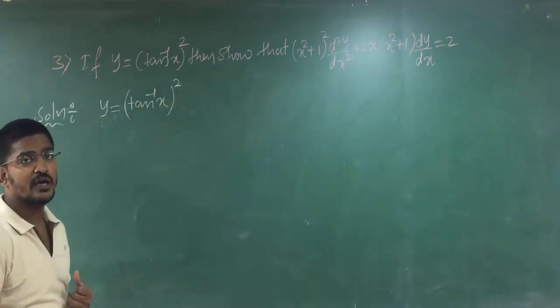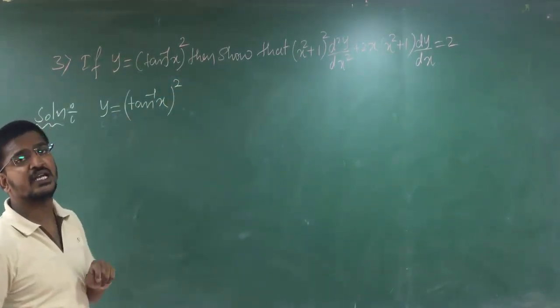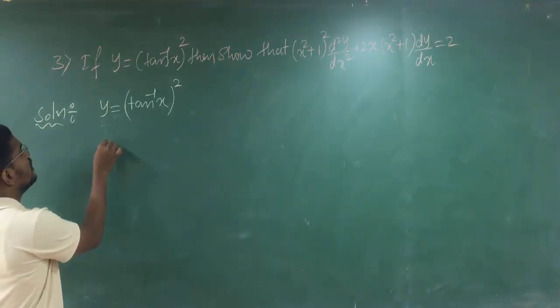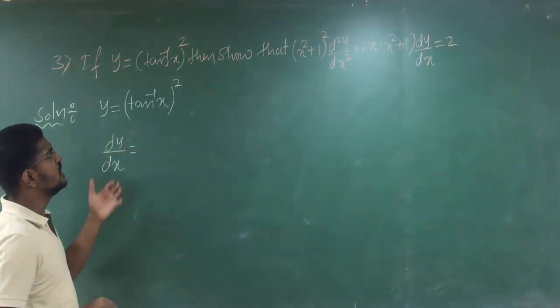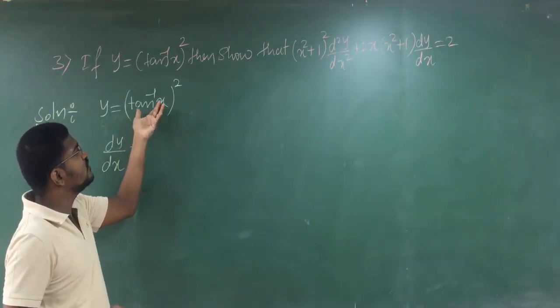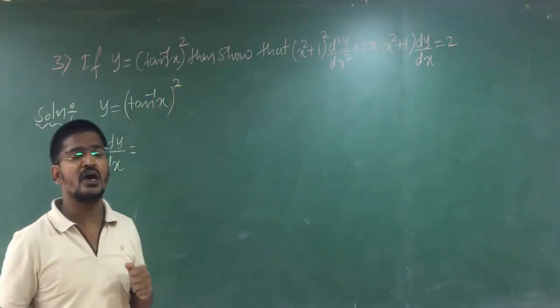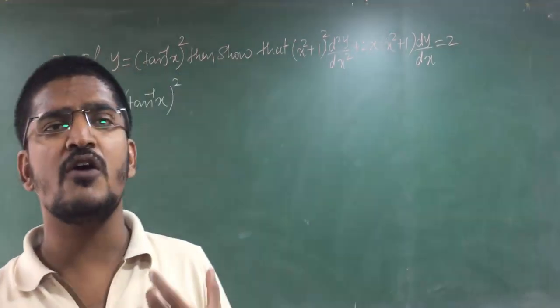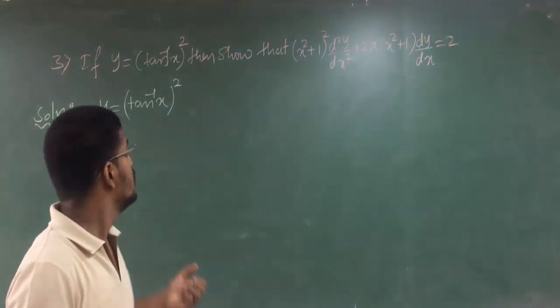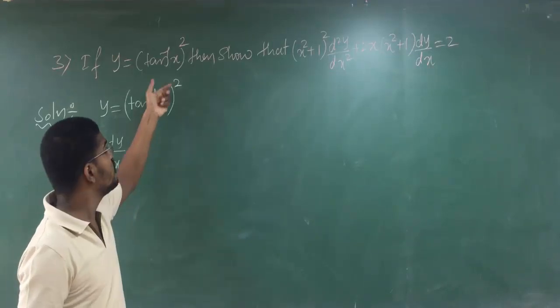Clear? Okay. Now you have to differentiate this. How to differentiate? What is dy by dx equal to? See, this is (tan inverse x) whole square. Here you have to apply the chain rule because it is the composition of 2 functions. That is, one is tan inverse, another one is the power.